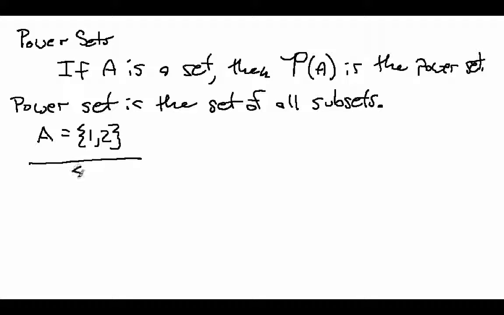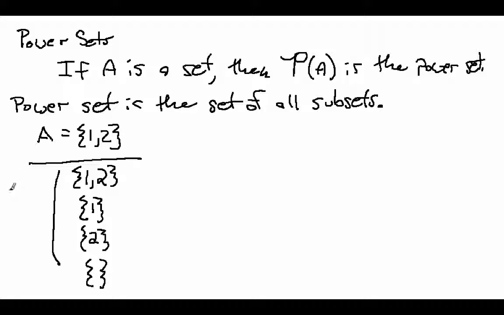Well, 1, 2 is certainly a subset of A. And then 1 is a subset of A. And then 2 is a subset of A. And then remember, we talked about how the null set is a subset of every set. So these are the subsets of A.